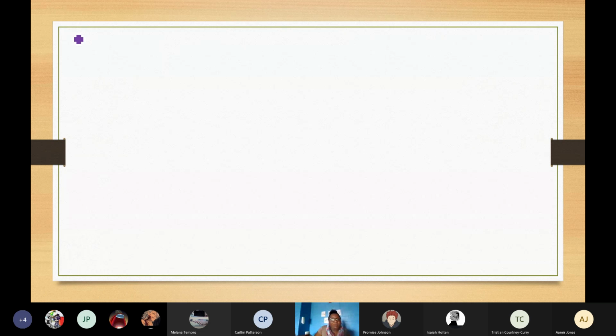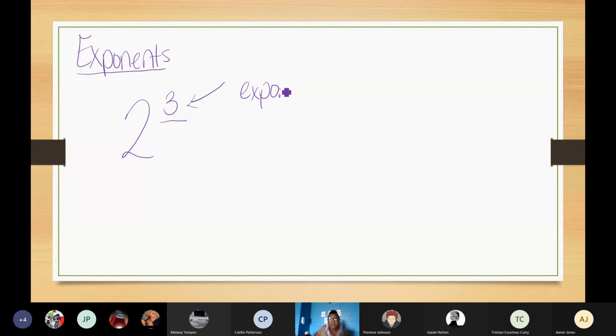When we see an exponent, the exponent is the small number in the upper right-hand corner. This is our exponent. And this is known as our base number.